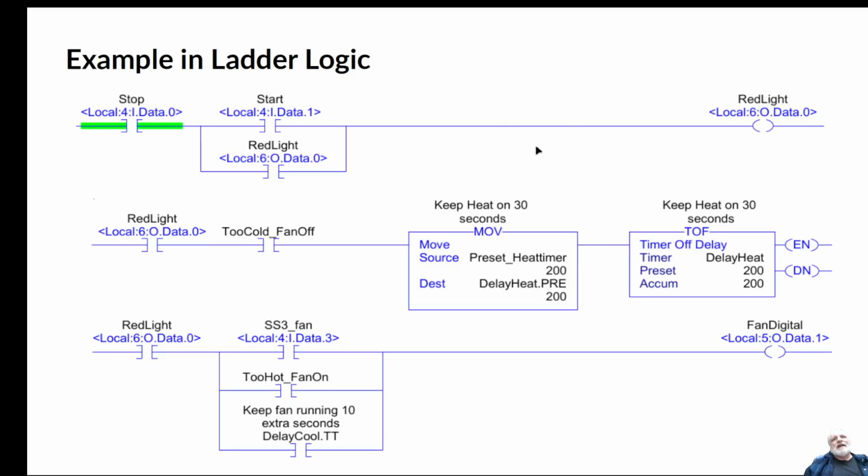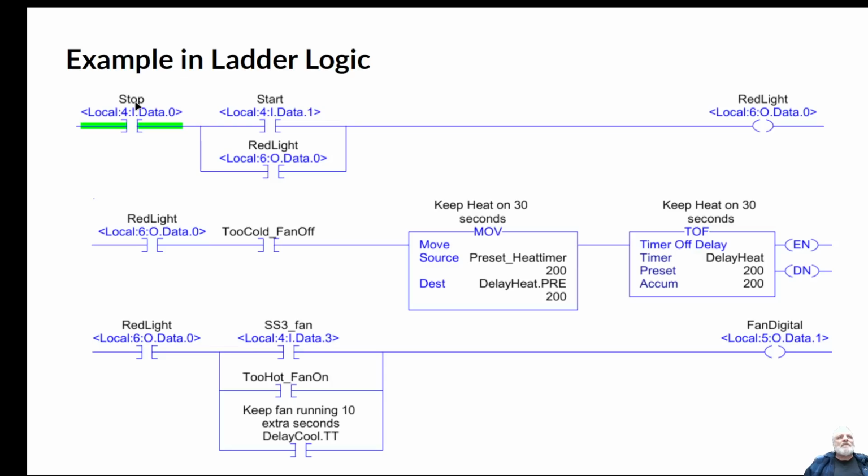But then once the red light is on, you don't have to keep holding the start button because the red light is now on. So as long as you don't press the stop button, you have the stop and the red light. So the start and the red light here is what we call an OR path. So you can either go through the start or through the red light path and energize your red light.